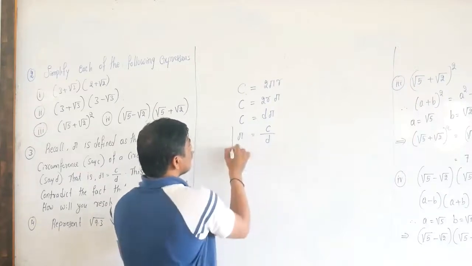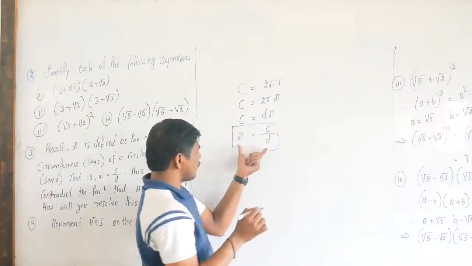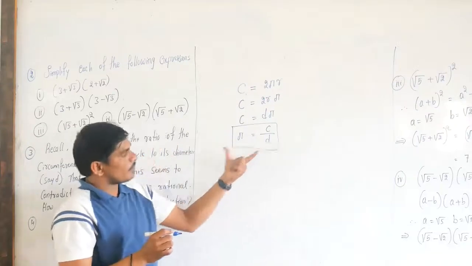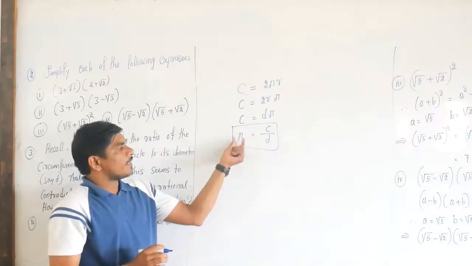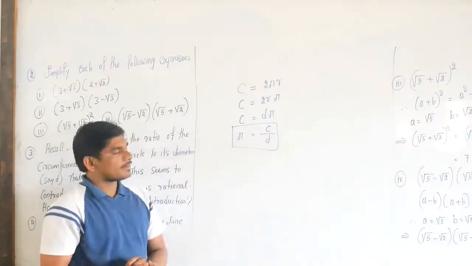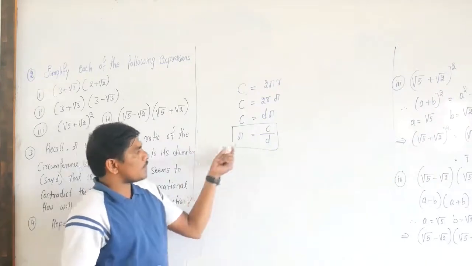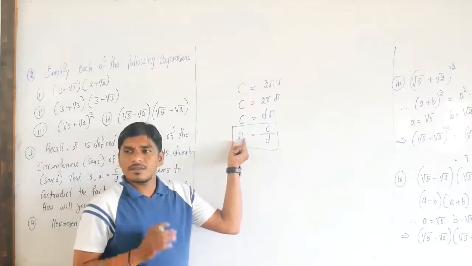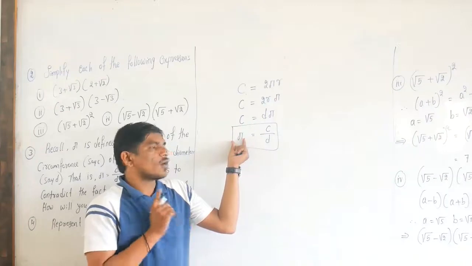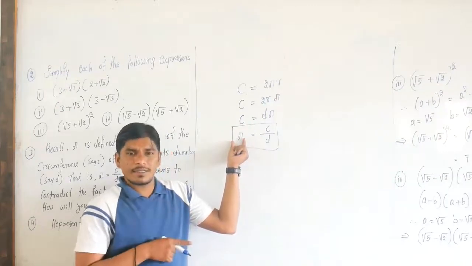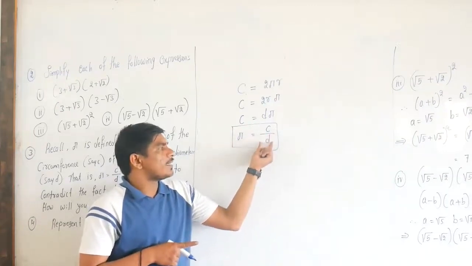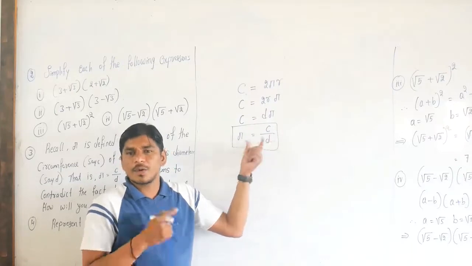Now this is already given, but you know how this form is formed. You check it: pi is equal to C by d. Generally, you already consider the pi value to be irrational, non-terminating and non-recurring. C by d is not the exact value but an approximate value.